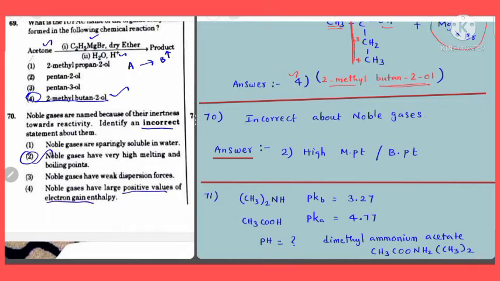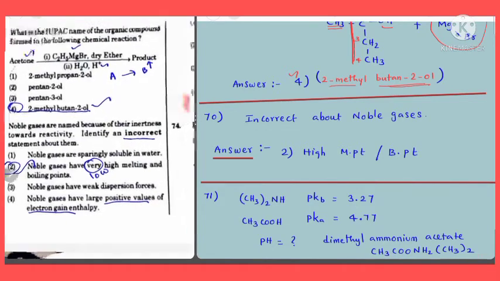Adding an electron to a noble gas is highly difficult because of their stable electronic configuration, so they need energy when they accept an electron, which means they have positive electron gain enthalpy. So the incorrect statement regarding noble gases is that they have very high melting and boiling points, but actually they have low melting and boiling points.